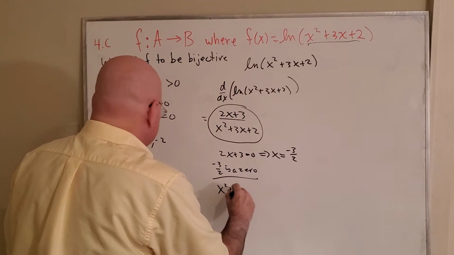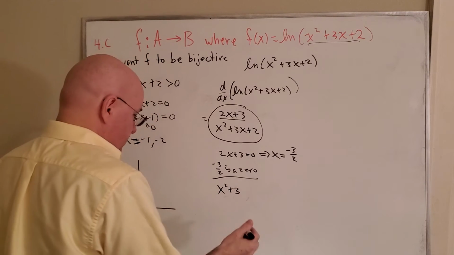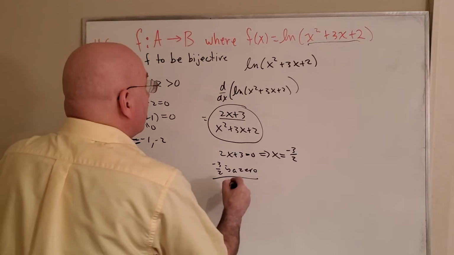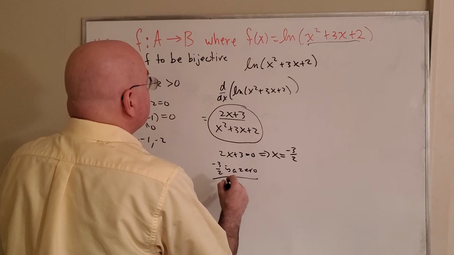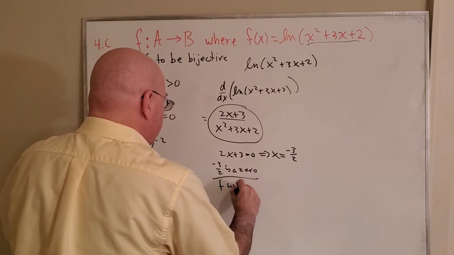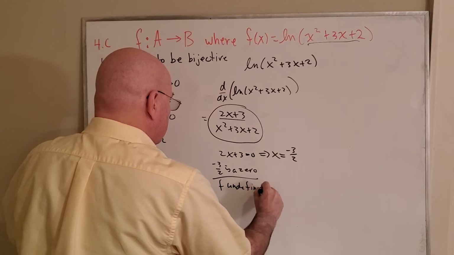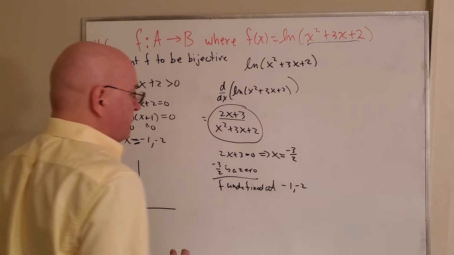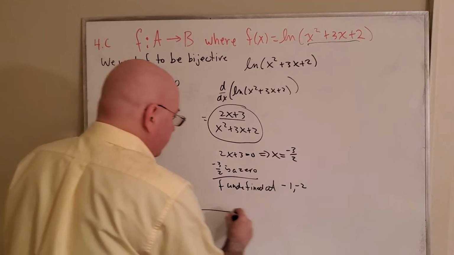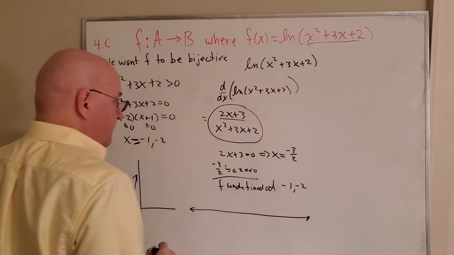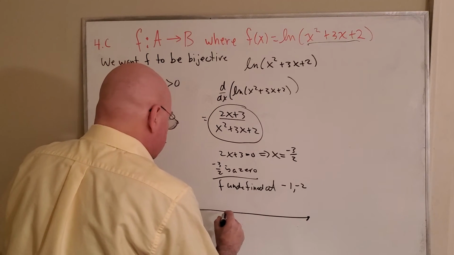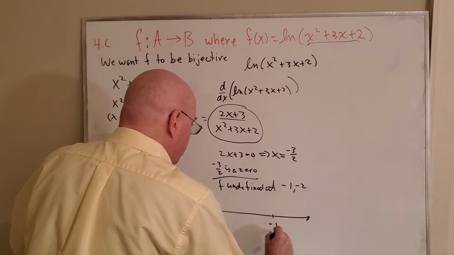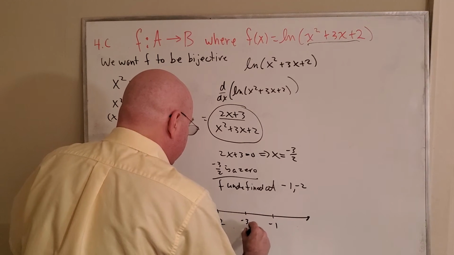X squared plus 3x plus 2, I already did this, right here, equal to 0. The function f of x is undefined at negative 1, negative 2. So all we need to do is look at the real line, plot those points, negative 3, let's see, negative 2, negative 1, negative 3/2.